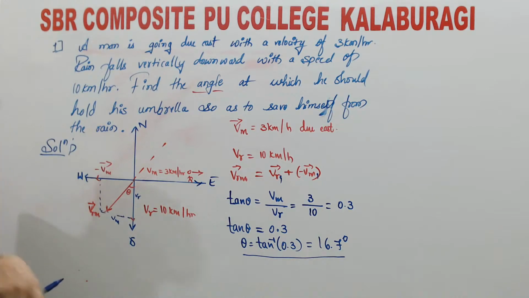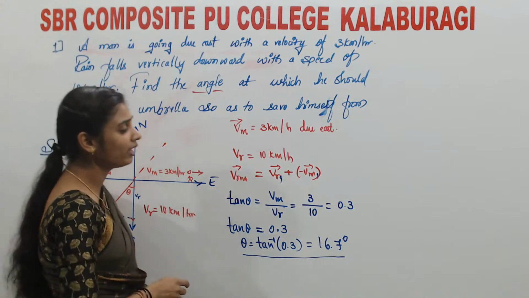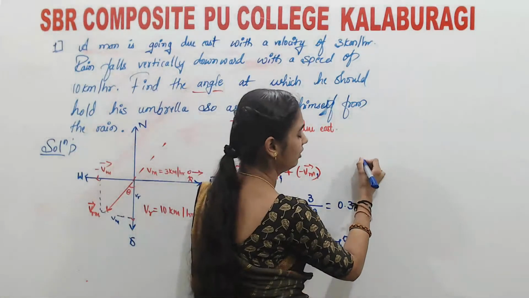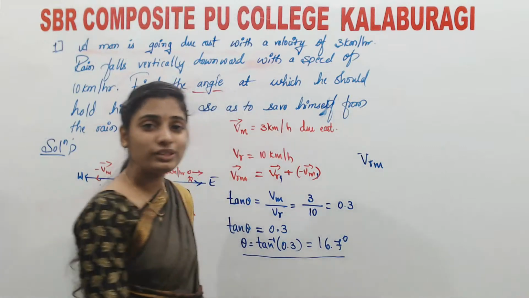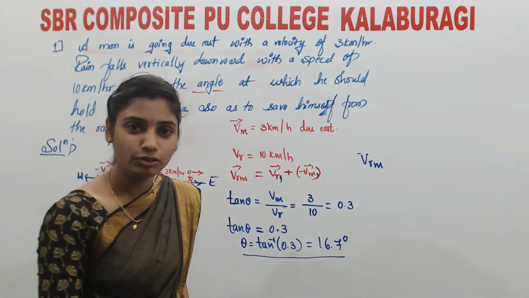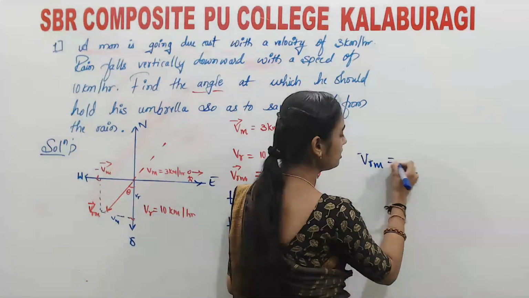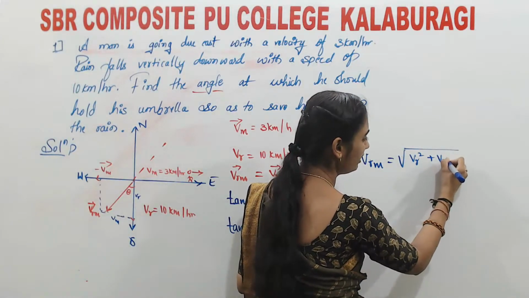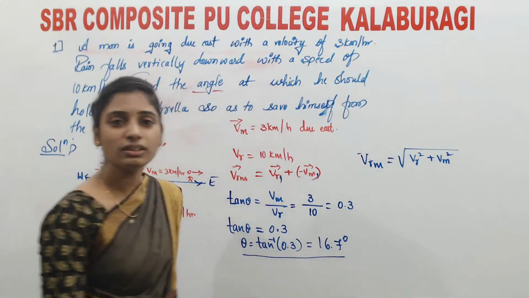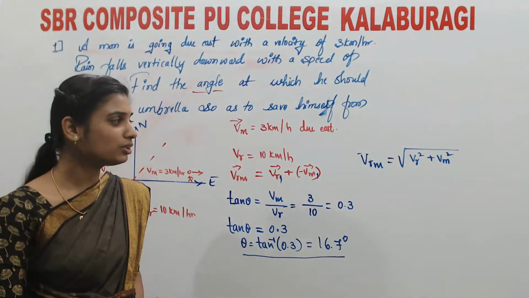So this is how you have to find out the angle. If they are asking to find out magnitude, what will you do? I said it already. If they are asking you to find out the magnitude of relative velocity of rain with respect to man, how will you do it? That is equal to under root of Vr square plus Vm square.